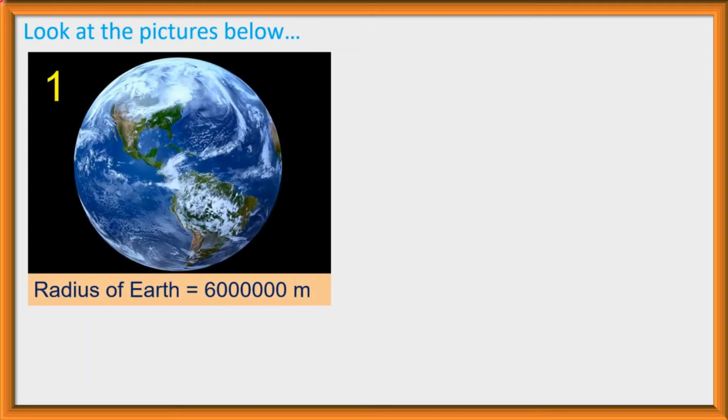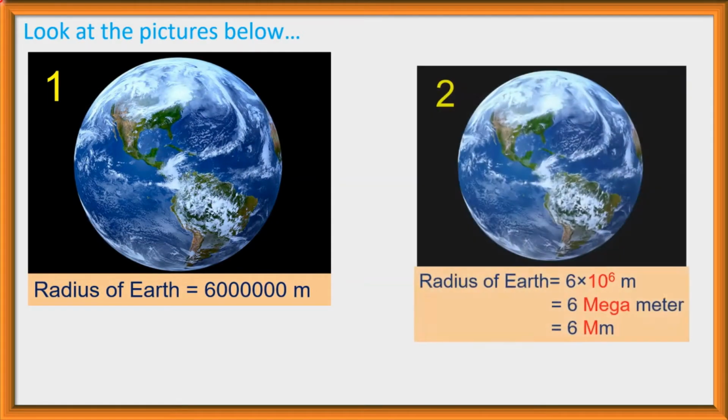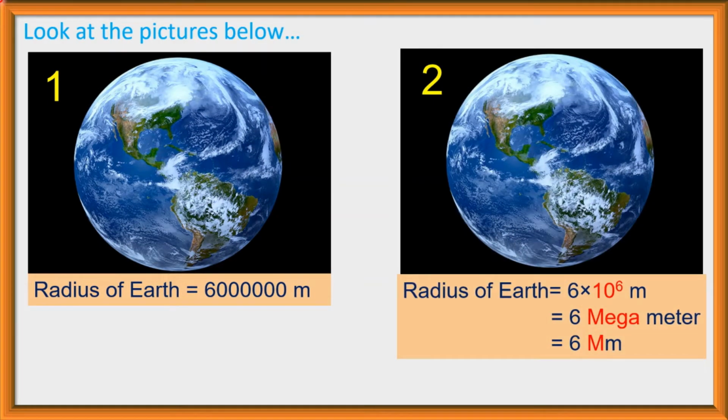Look at the pictures below. In picture 1, the radius of Earth is 6,000,000 meter. The radius of Earth is 6 into 10 to the power 6 meter.